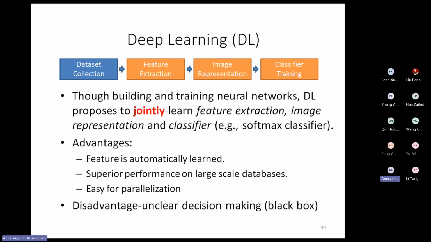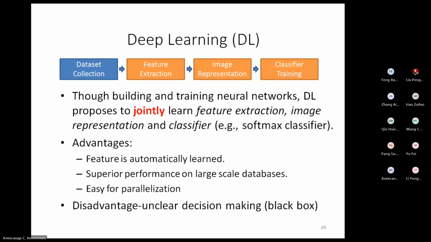Through building and training neural networks, deep learning proposes to jointly learn feature extraction, image representation, and classifier. So we take the whole construction in a single deep learning network. On the first steps it does feature extraction, then image representation, and in the last stages the classifier.